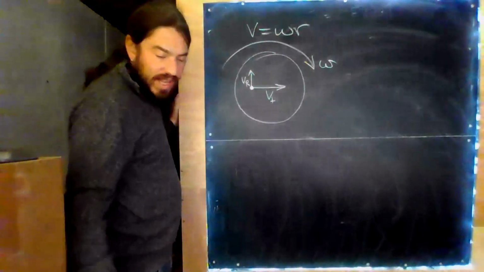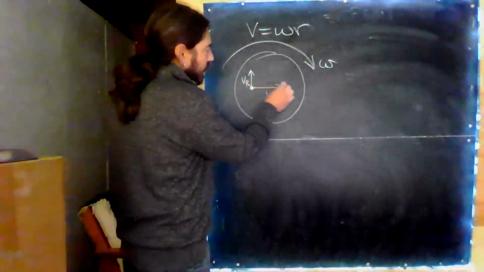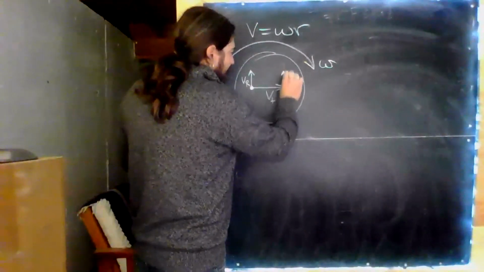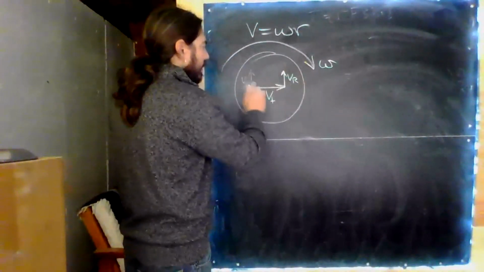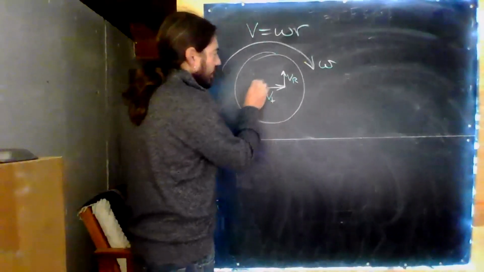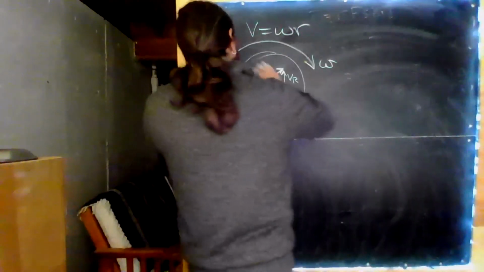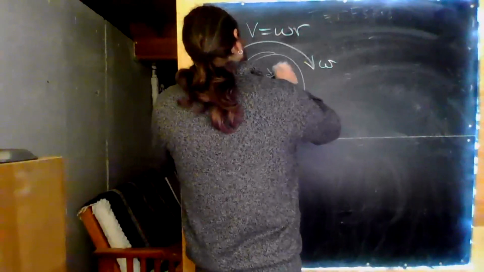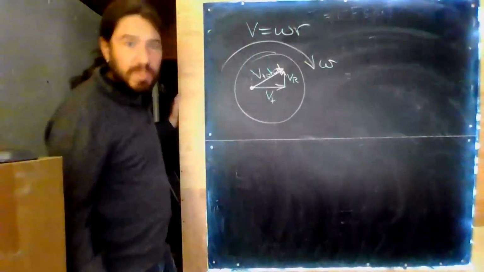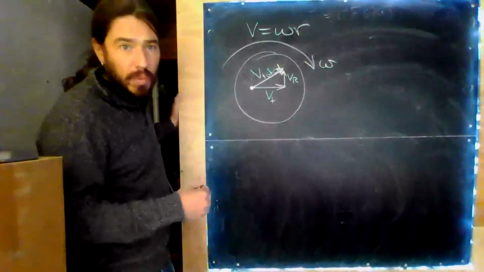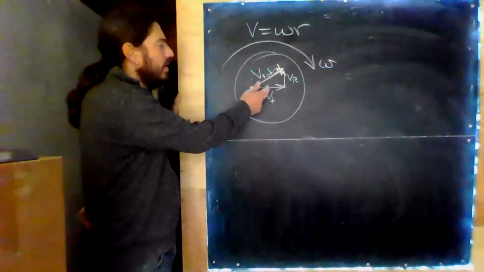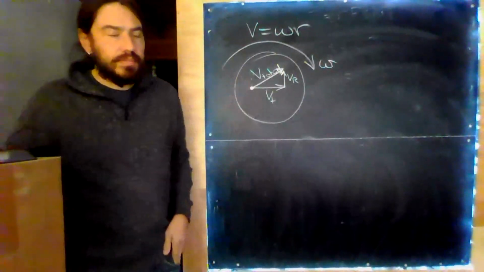So what is the total velocity? Well, we'd want to move this over here, so we're adding our vectors tip to tail. And our total velocity would be right here. Again, for one specific point on the wheel, a point that's neither in the middle nor at the edge.